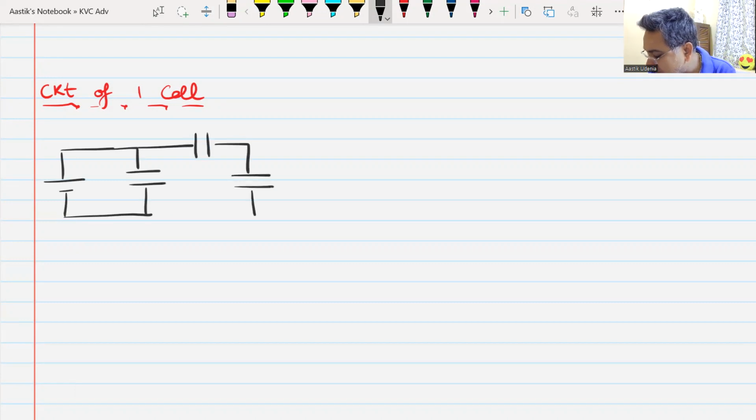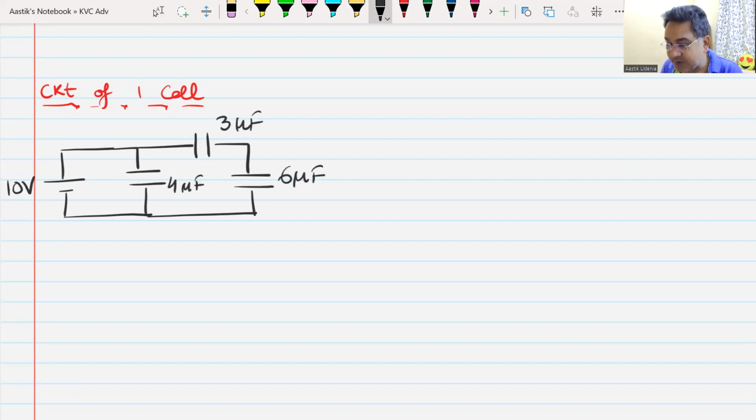I'm just making a simple one. This is 3 microfarad, this is 6 microfarad, and this is 4 microfarad, and this battery has a voltage of 10 volts.